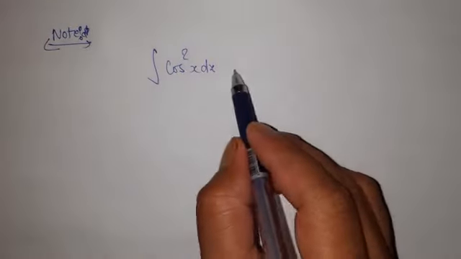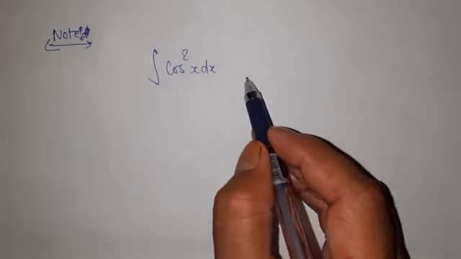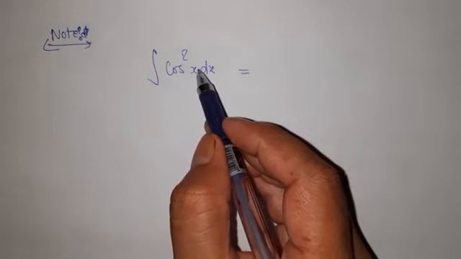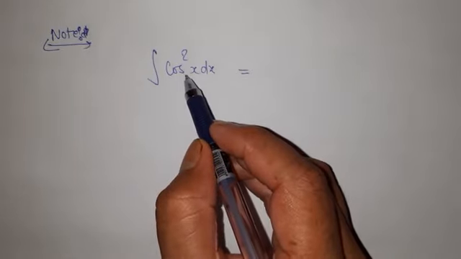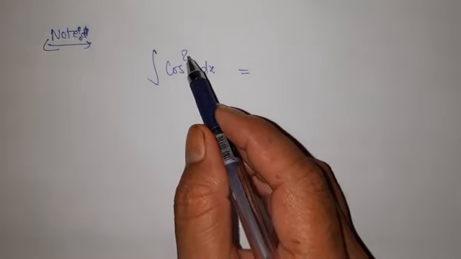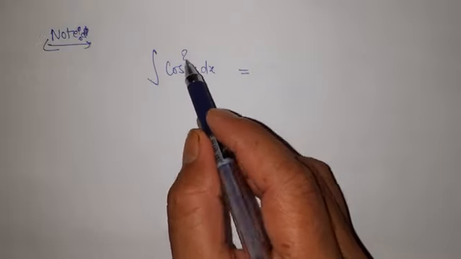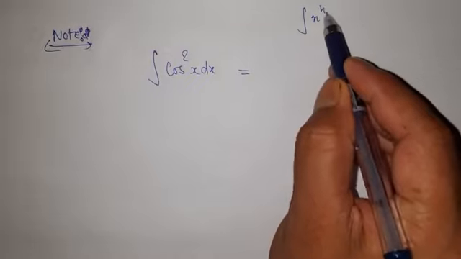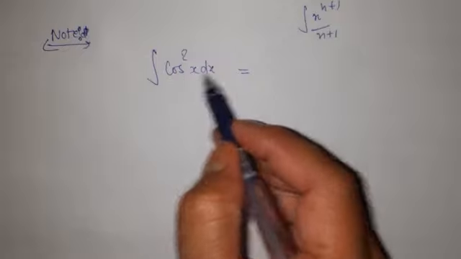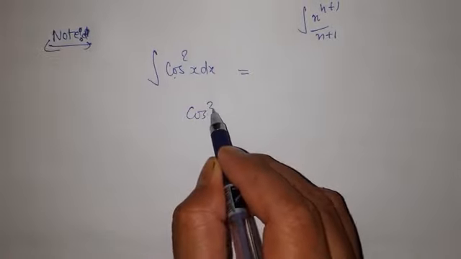Here don't use the power rule in the solution. The integration power rule cannot be used for a power of a trigonometric function. Especially remember this one. The power method, x to the power n+1 upon n+1, you will not use here. So here you have to first convert it.